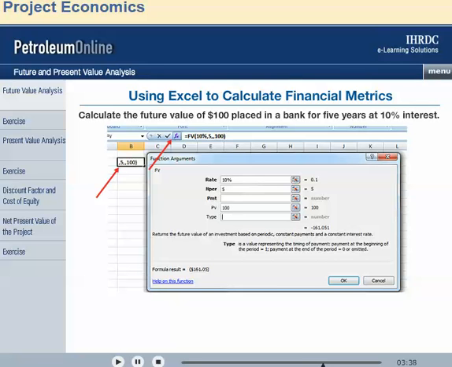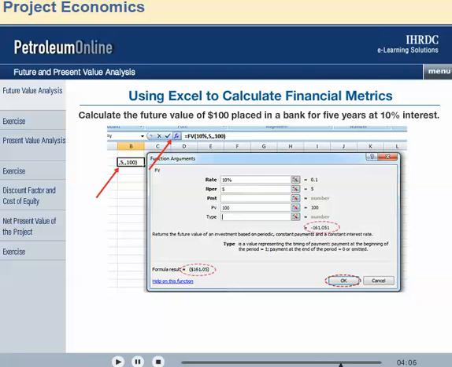There we enter the values as rate, 10%, or as a decimal, 0.1, the number of payment periods, 5, no entry for payments because there are none made each year, and then the present value, 100, the amount invested today. We make no entry in type because the payments are assumed earned at the end of the periods. Click OK to get the result.